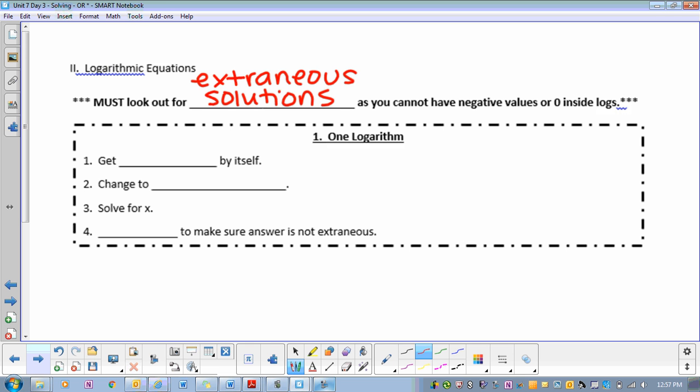So our first scenario with log equations is if you have one logarithm. Get the log all by itself. Change it to exponential form, then solve it for x.